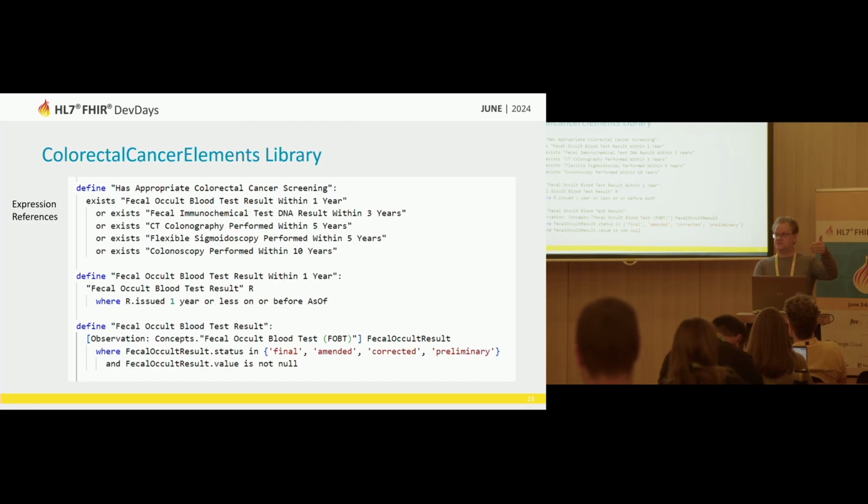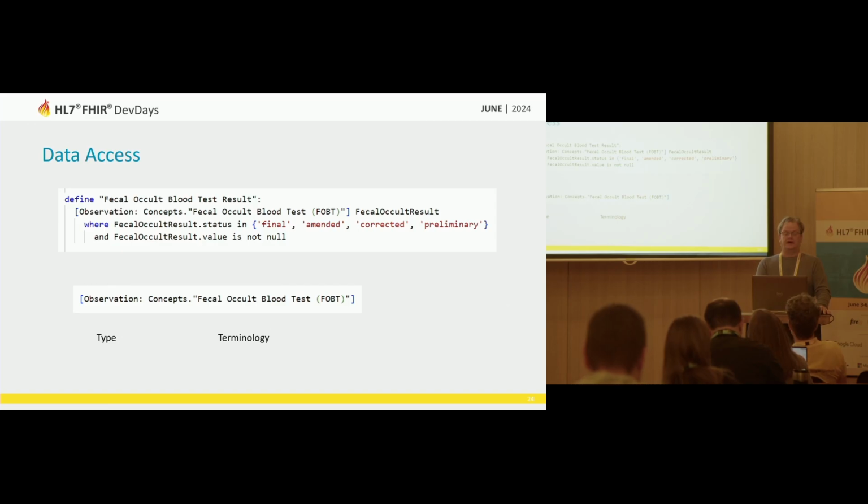So if I'm running it in decision support, I give as of today, and that gives me the data within the encounter that I'm looking at. But if I'm running this in a quality measure context, then that is a measurement period, and the as of is the end of the measurement period. That fecal occult blood test result, the key there is that observation in concepts.fecal occult blood test.